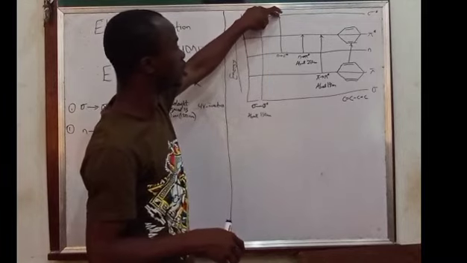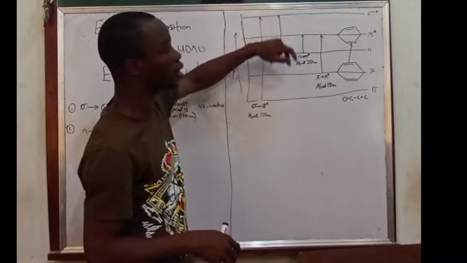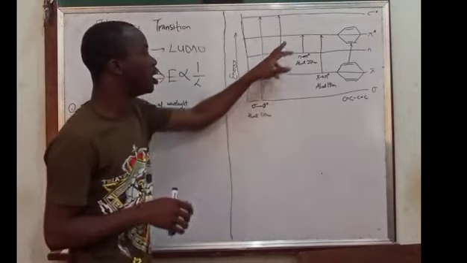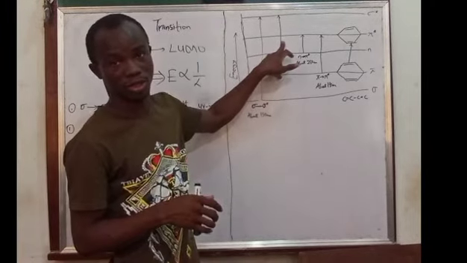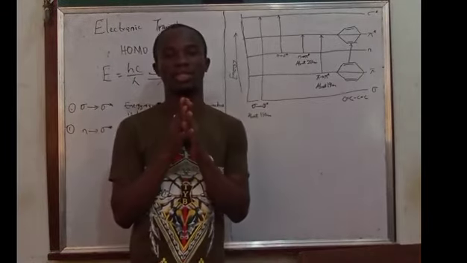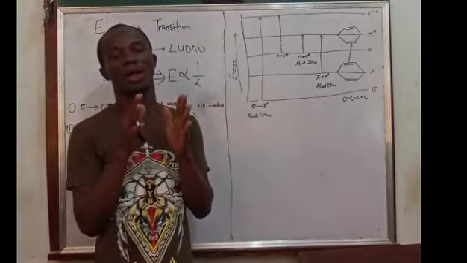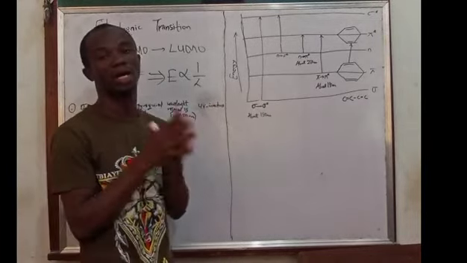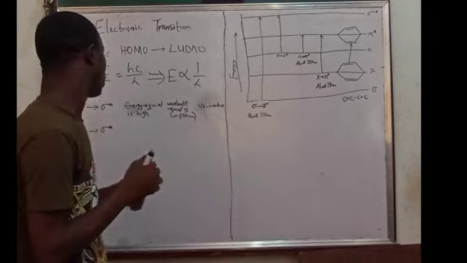But the gap between these two molecular orbitals is less compared to the gap between the one we have before, which means that lesser energy is required for this transition. So the transition from non-bonding molecular orbital to sigma antibonding molecular orbital requires lesser energy compared to sigma to sigma antibonding.